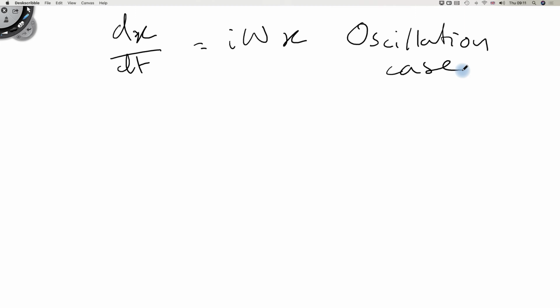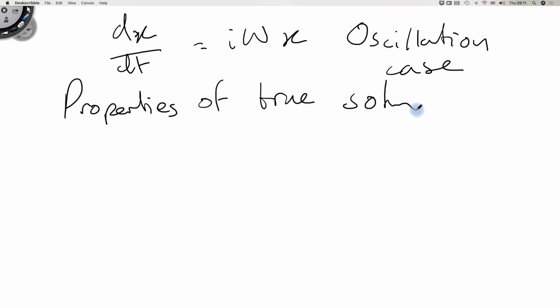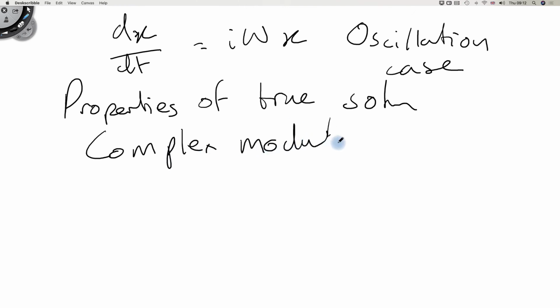So the first thing about x star, the true solution, is that the complex modulus of x star is constant.